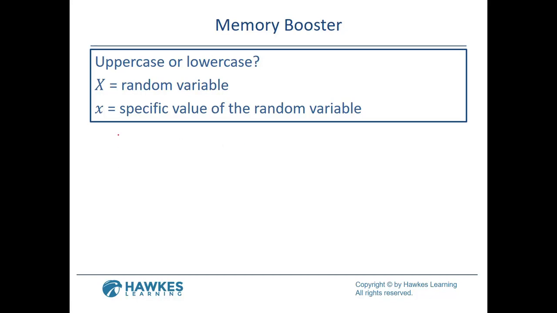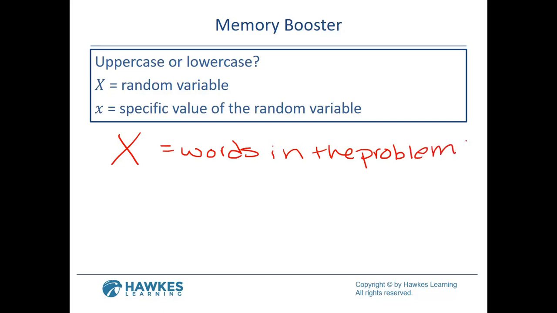Think of big X as the words in the problem. Normally when we think about them, I need you to think more about these being the words actually in the problem itself. And then think of little x as a specific value, like just a number or some specific outcome.